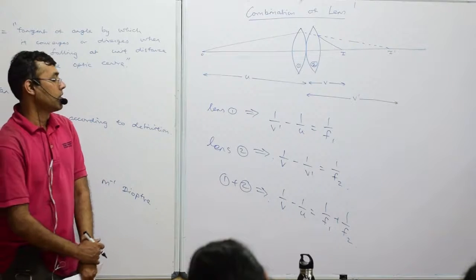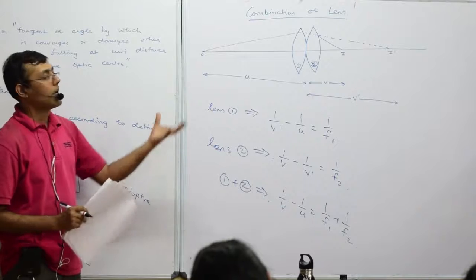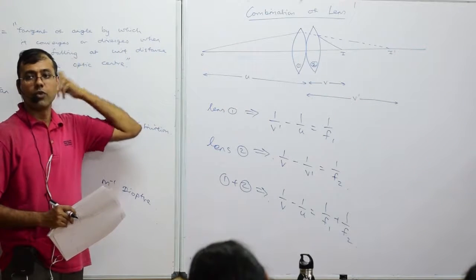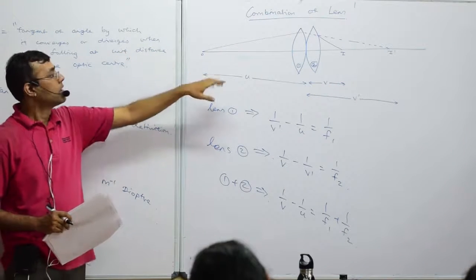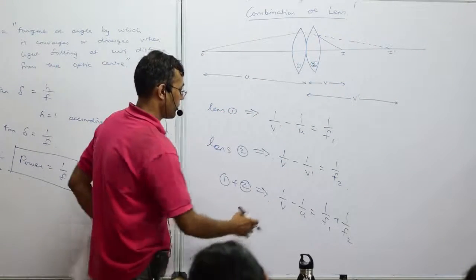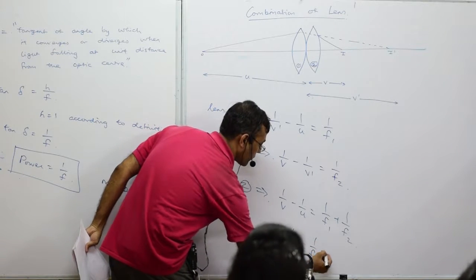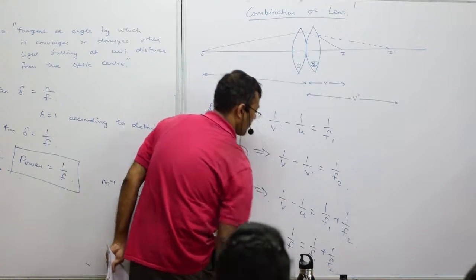But what is 1 by V minus 1 by U? It is for the entire combination, right? Because 1 by V minus 1 by U, this is V, this is U, which means it is for the entire combination. So this is the focal length for the entire combination. So 1 by f is equal to 1 by f1 plus 1 by f2.